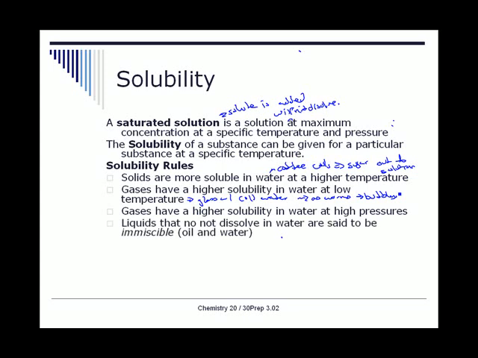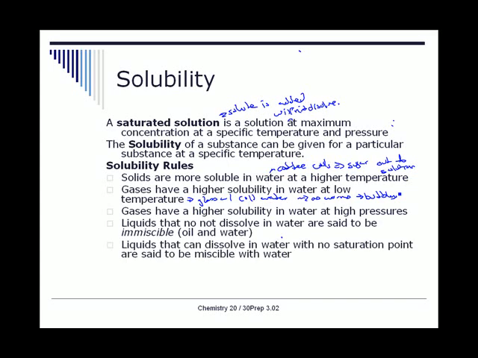In terms of liquids, liquids are either going to be immiscible, so they're not going to mix with water at all, such as oil and water, which sit in separate levels, or they're completely miscible, which means there's actually no saturation point. You can always add liquids such as alcohol and water, which can be mixed in any proportions, and you get an evenly mixed solution, or a solution that has the same properties throughout, regardless of the amount of alcohol or water present.